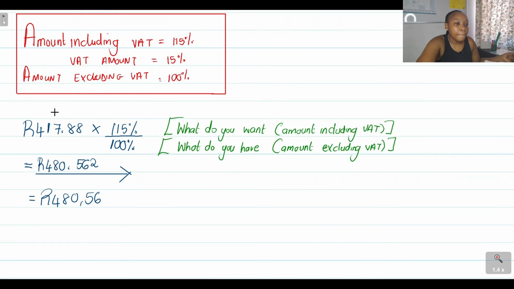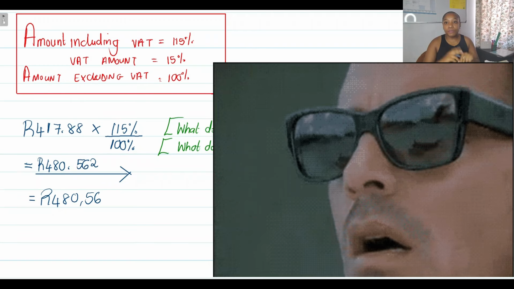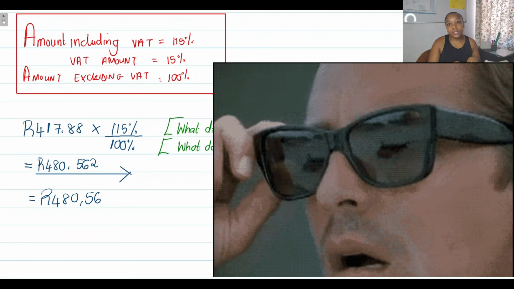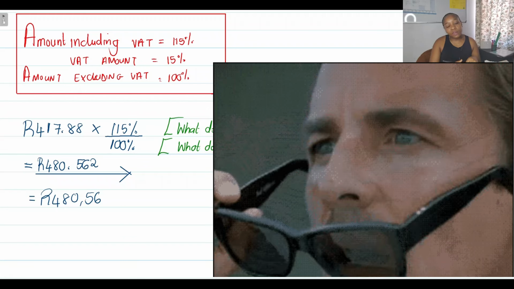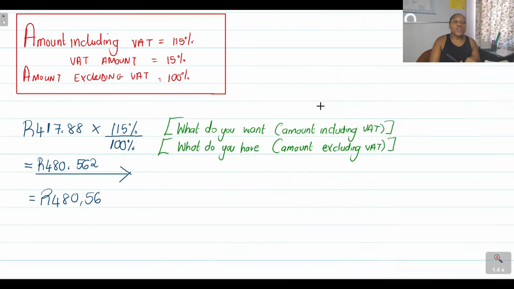So remember this amazing table. You need to remember this, okay? Amount including VAT is 115%. Your VAT amount is 15%. Amount excluding VAT will be the 115% minus 15%. Then you just apply that. You take the amount of 417.88, multiplied by what you want, divided by what you have.